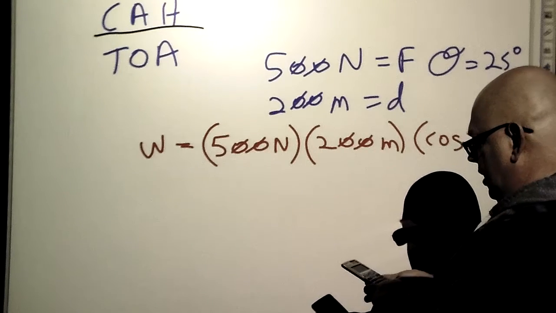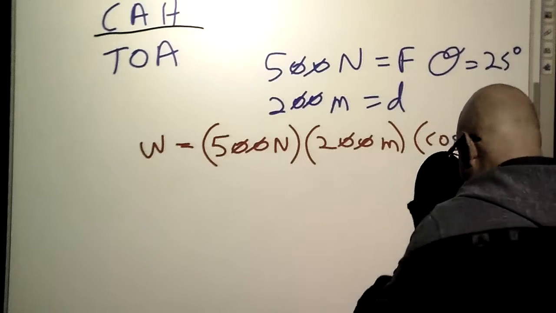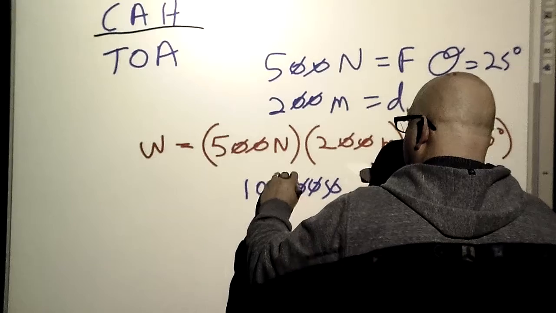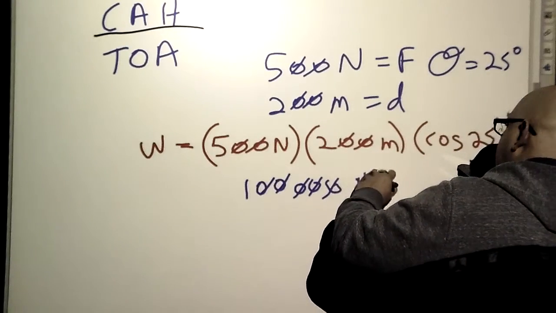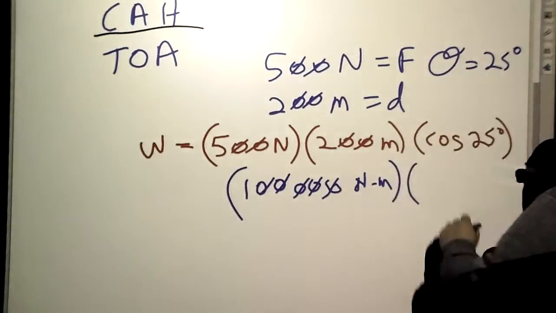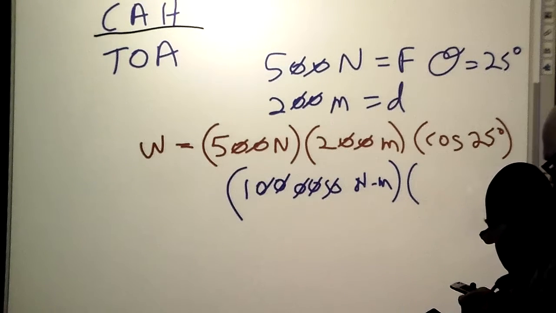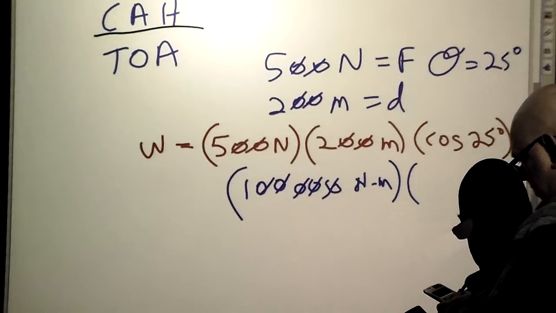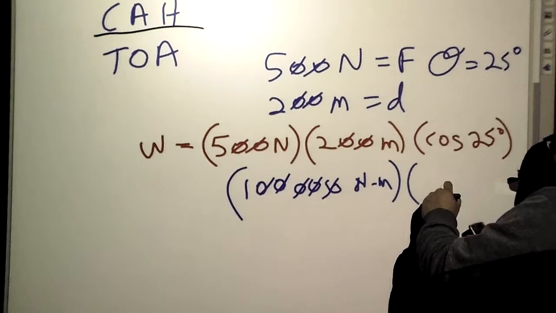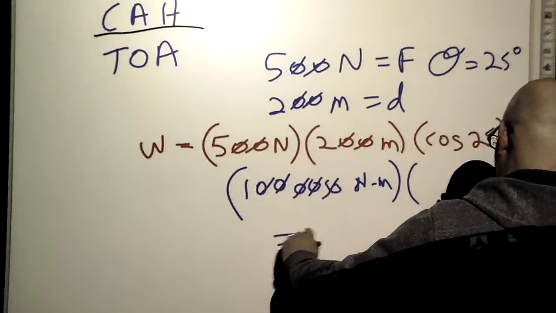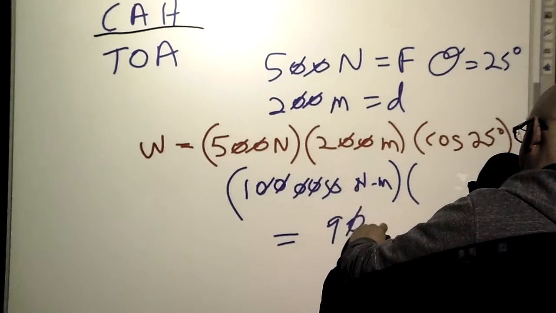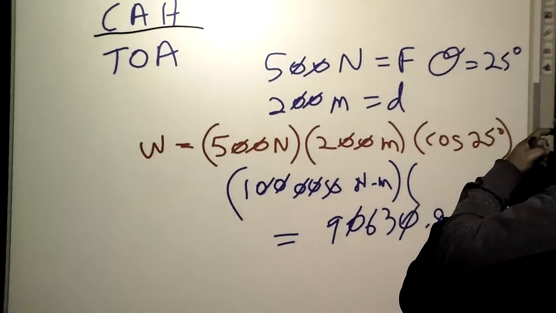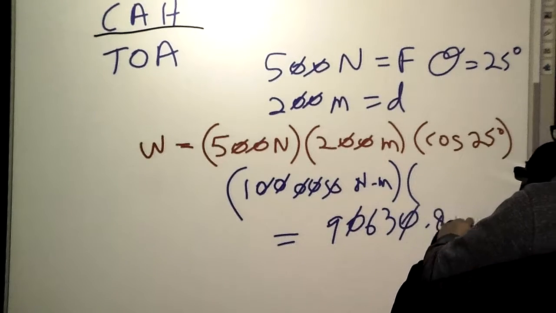So 500 times 200 gives us 100,000 newtons times meters, and then we're going to multiply by the cosine of 25, and that's going to give us 90,630.8. That's how much work.